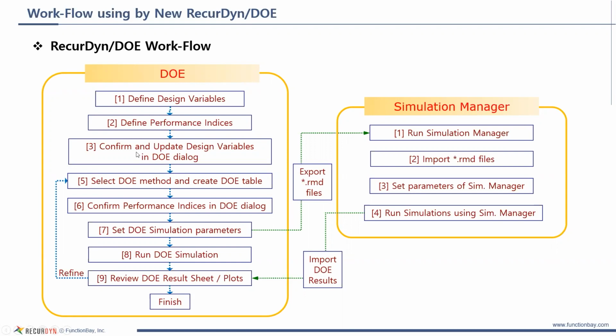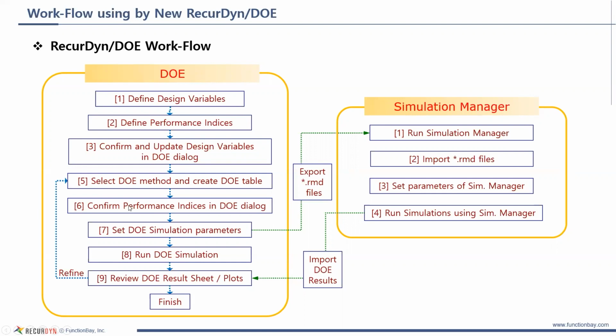After you define those things, you would confirm and update those design variables within the DOE dialog window. Then you select a DOE method to use and create a table containing the list of trials to run through.